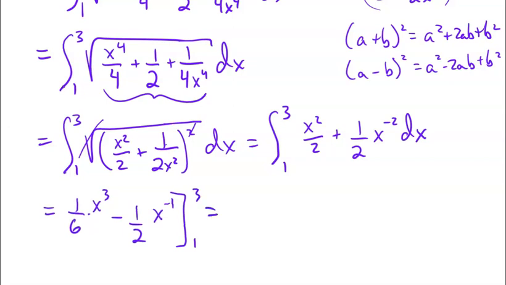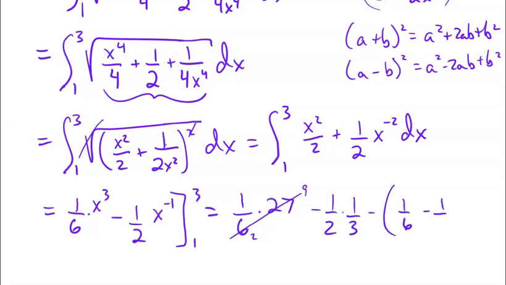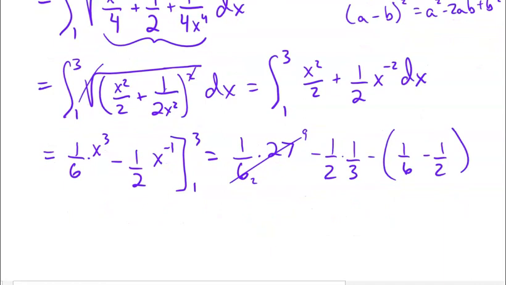From 1 to 3, plugging a 3 in, I have 1/6 times 27, which reduces to a 9 and a 2, minus 1/2 times 1/3. And then minus, plugging a 1 in, I've got 1/6 minus 1/2. Okay, so simplifying this, we have 9 over 2 minus 1 over 6. Oh, I guess I'm going to have to go back to my 27 anyway, aren't I?